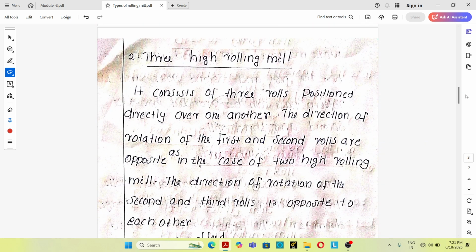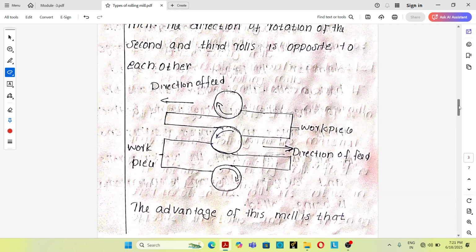Second one is the 3 high rolling mill. The second type of rolling mill is the 3 high rolling mill. This is the figure of a 3 high rolling mill. It consists of 3 rollers positioned directly over one another.